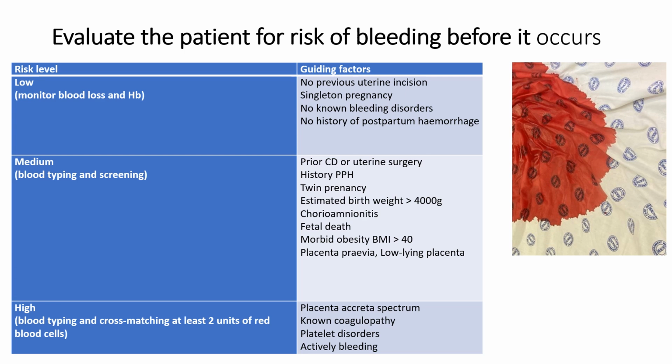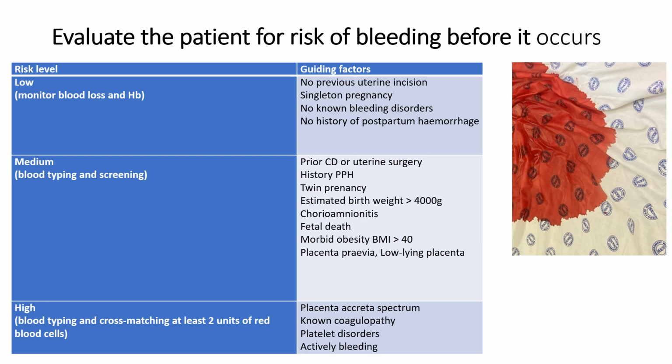With patients at high risk for bleeding, with histories of placenta accreta spectrum, previous placenta accretas, known coagulopathies, platelet disorders, or currently actively bleeding, this obviously needs good IV access, blood ordering before the time, with other clotting factors needed. If this is known, then transferring and referring this patient to a high level of care with expertise, because these patients tend to complicate and could require a hysterectomy.